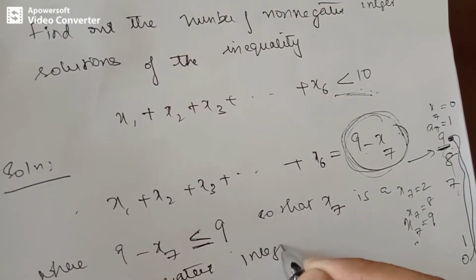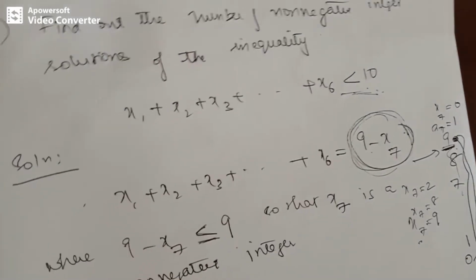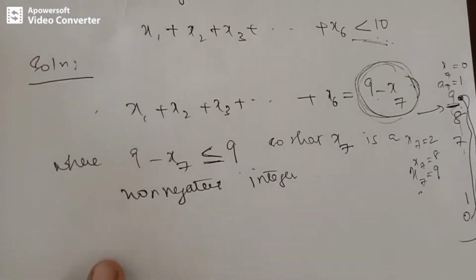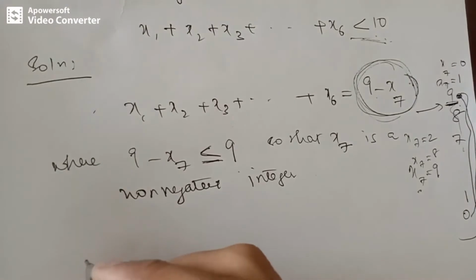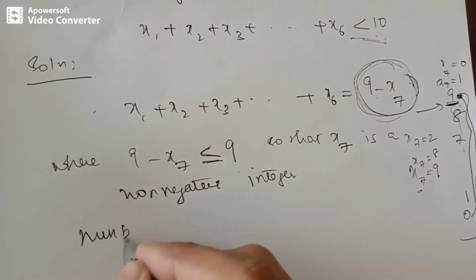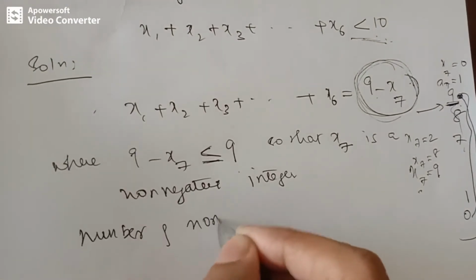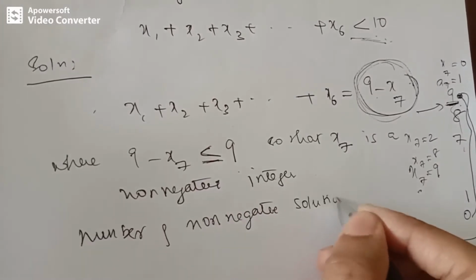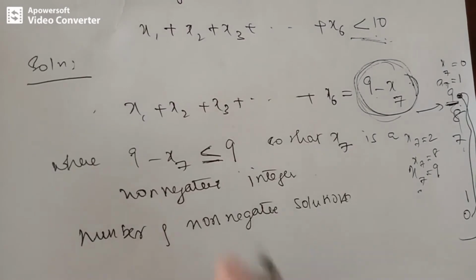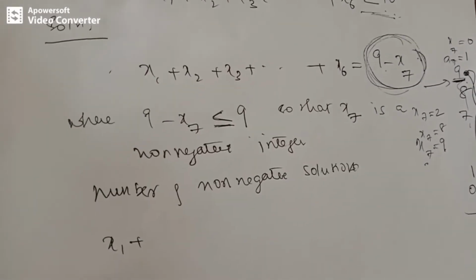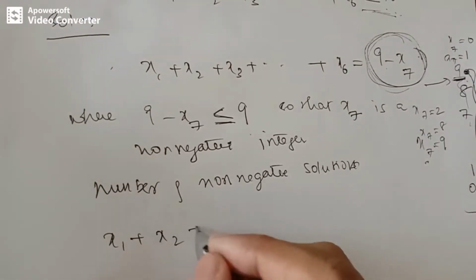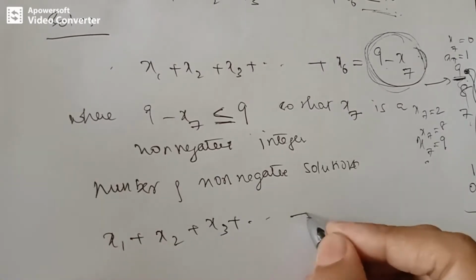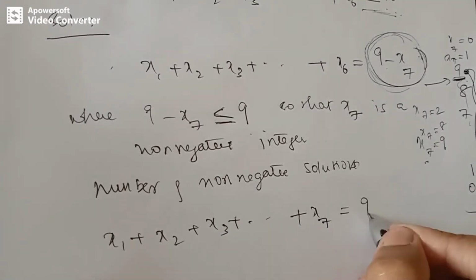It should be a non-negative integer and this should be clearly specified. So therefore the number of non-negative solutions to the equation is given by x1 plus x2 plus x3 plus so on, up to x7 equals 9.